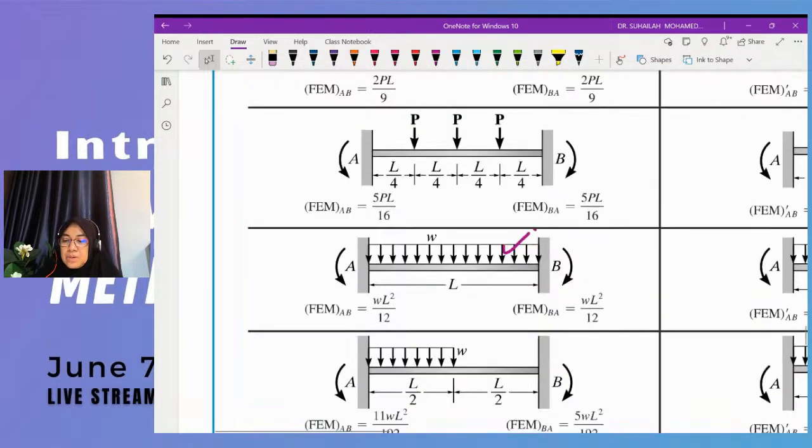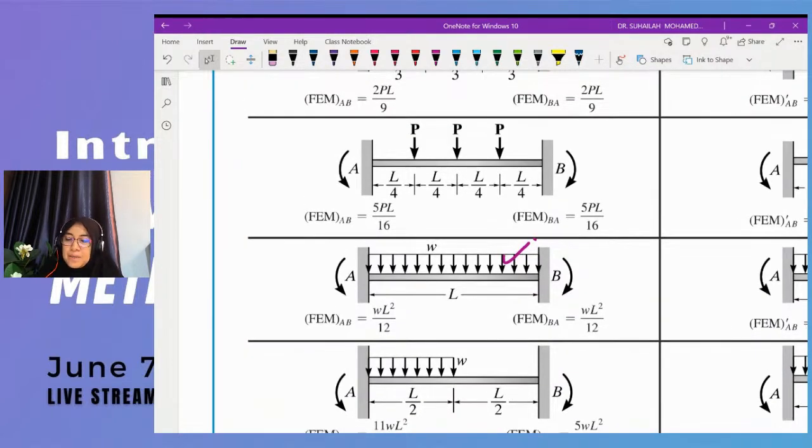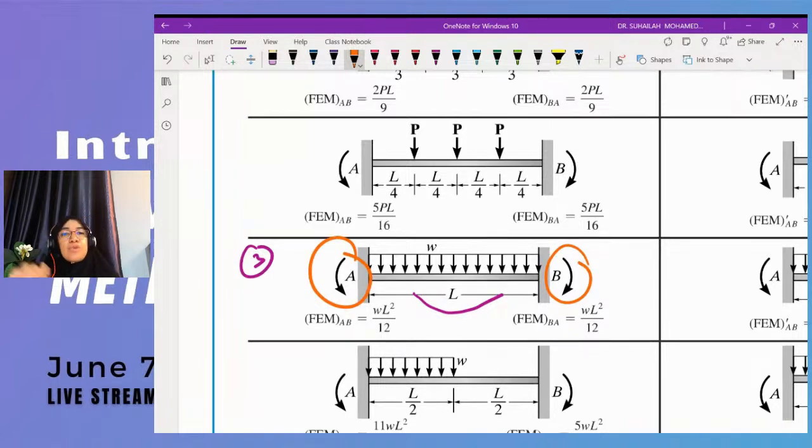Okay, so next is this one. This is type number 3 where the beam is subjected to UDL along the beam. Again the beam will bend, so the moment is acting in these two directions, in opposite directions, so that it can push the bent beam to its original position.